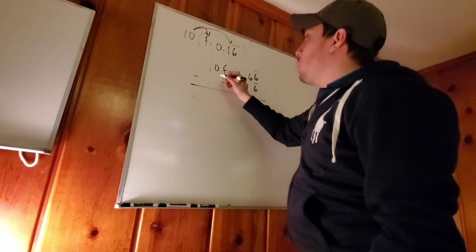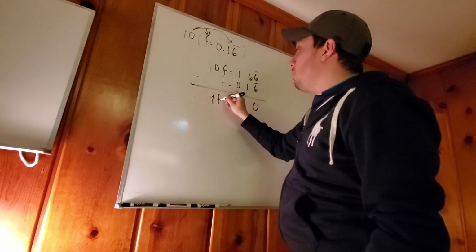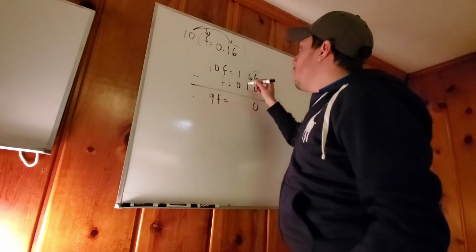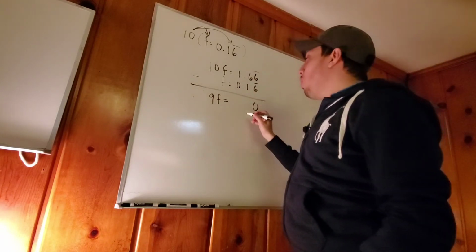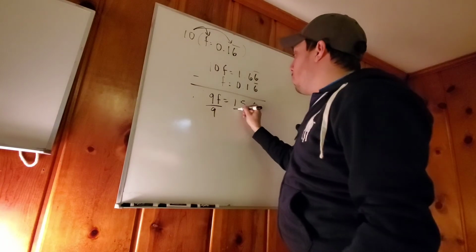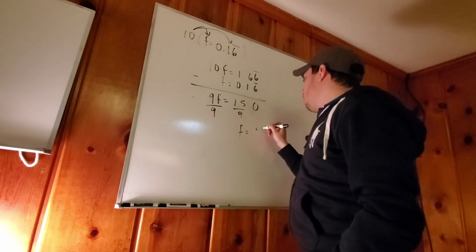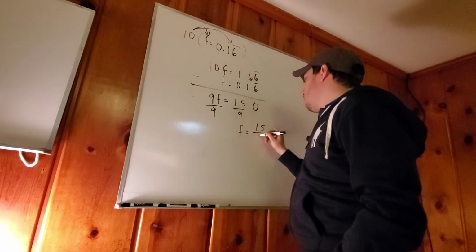So now we're going to do 10f minus f is going to be 9f, right? And 1.6 minus 0.1 is going to be 1.5. Now, I divide by 9 on both sides, and so f becomes 1.5 over 9.